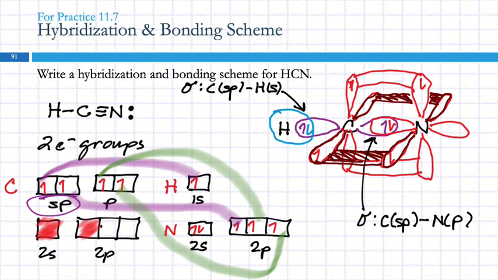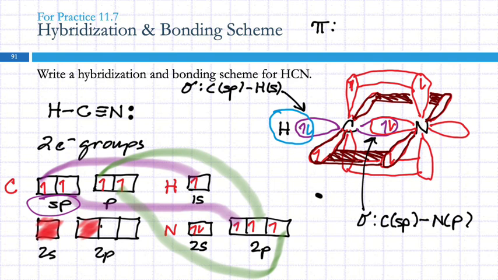And then we have these two other bonds. These have the same notation because they're the same elements and the same kinds of orbitals. These are the pi bonds. Right, kind of looks like a pi symbol.